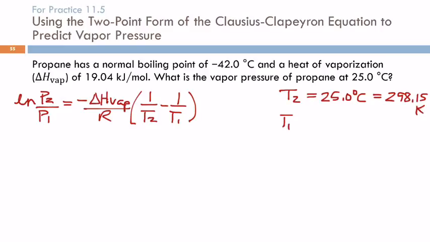And I'm going to choose T1 to be the other temperature, which is minus 42 degrees Celsius. I'm not going to do this one in my head. Minus 42 plus 273.15 is 231.15.